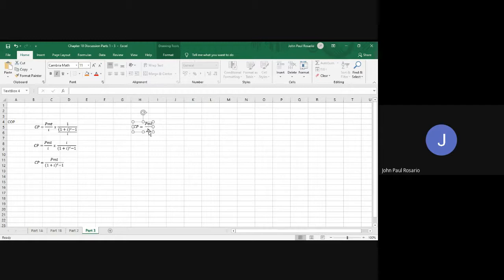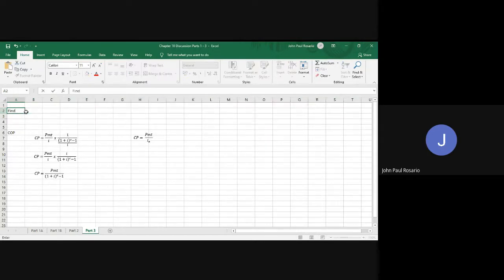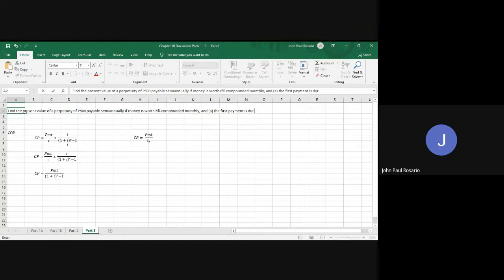Now let's go directly to the sample problem given. Find the present value of a perpetuity of 500 pesos payable semi-annually if money is worth 6% compounded monthly, and the first payment is due 6 months hence.